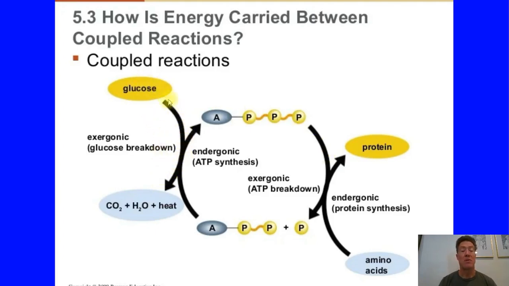For example, breaking down glucose is an exothermic reaction, it creates heat, and that can be used to power the synthesis of ATP, and that ATP then can power the synthesis of other proteins and stuff in the body. So we couple a thermodynamically favorable process to an unfavorable process to create other things that are thermodynamically unfavorable.